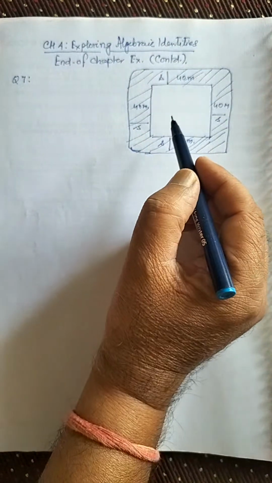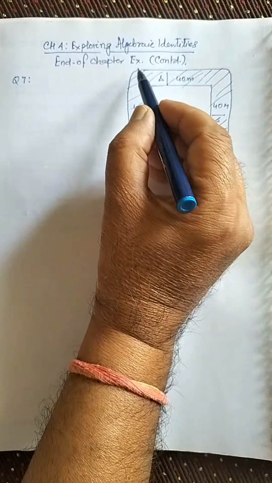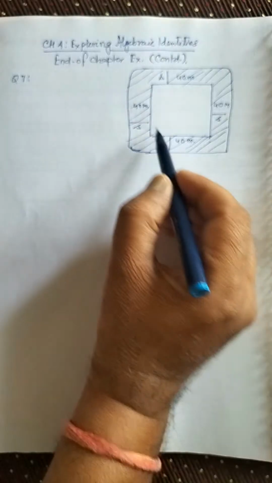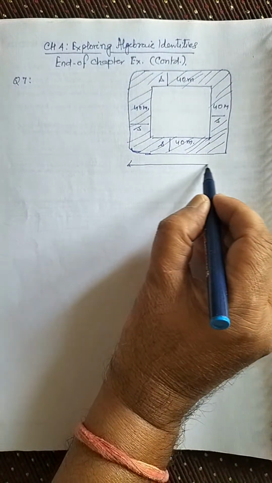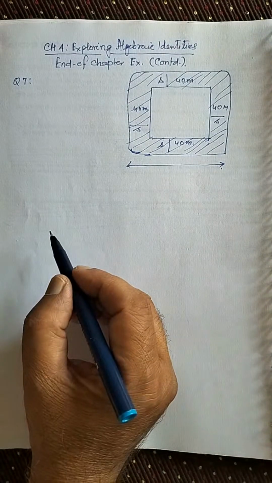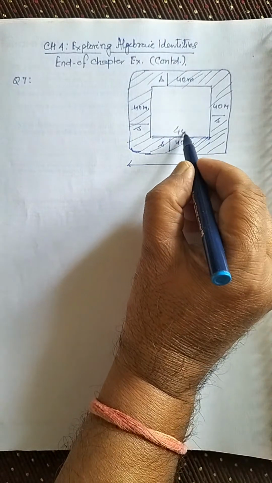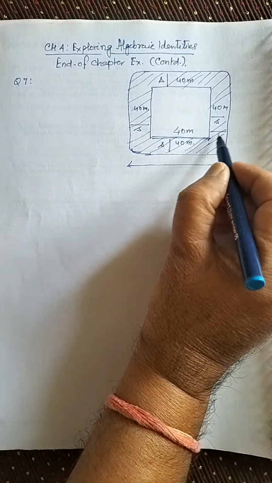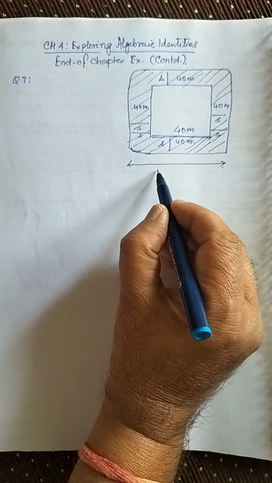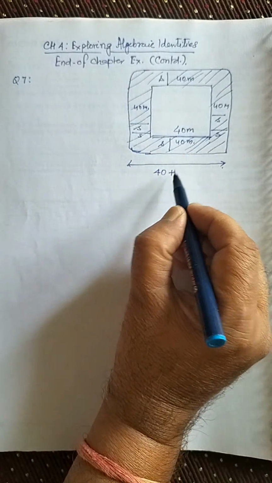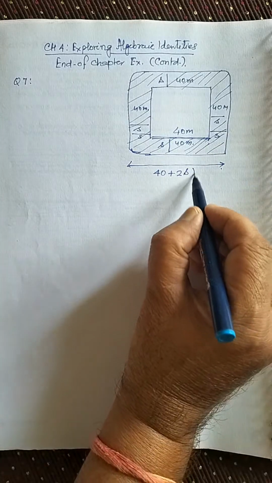Just as you can see, this shaded area will be the area of the outer square minus the inner square. For that we need the side of the outer square. Very clearly you see that this length is 40 meters and this width is s and this width is s. So this side is 40 plus s plus s, that is 40 plus 2s.